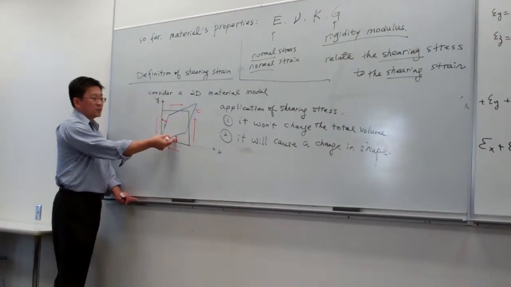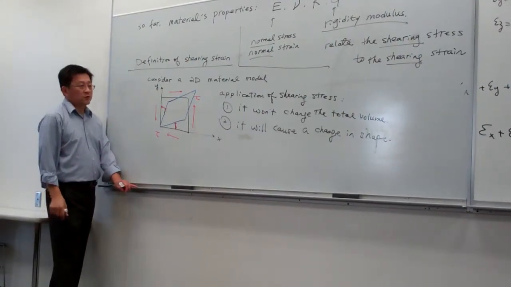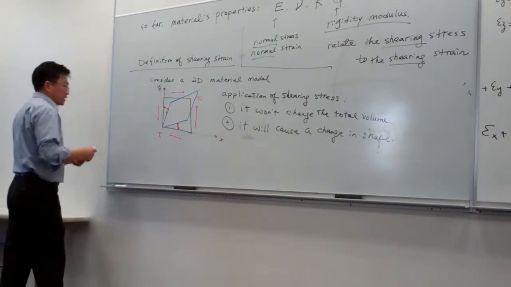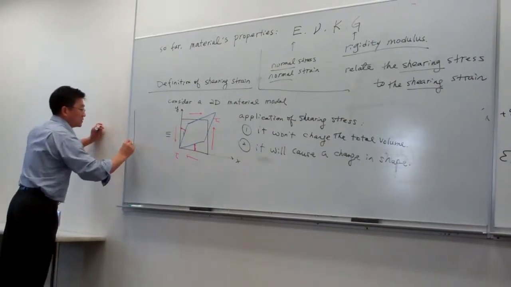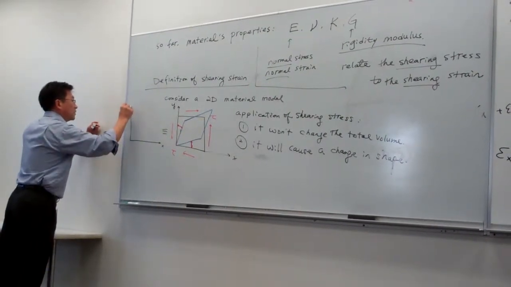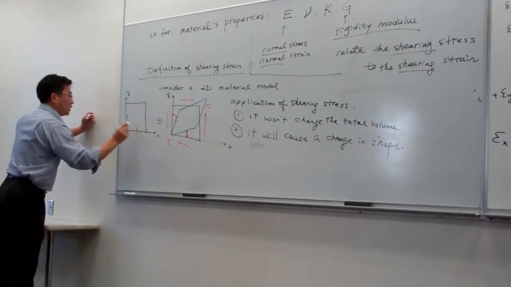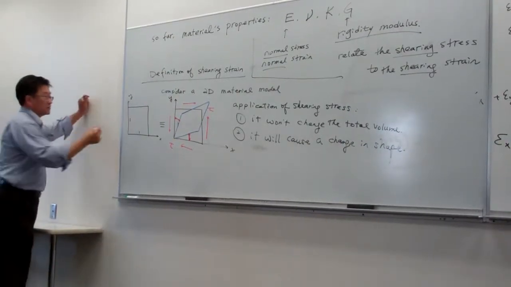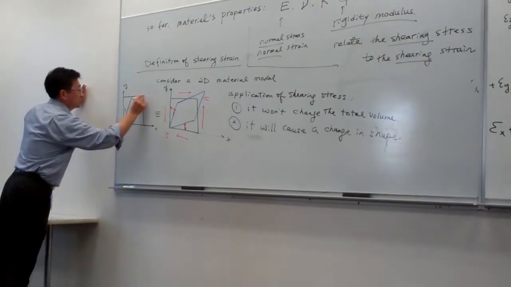We can use either this or this to represent how large the change of shape is. And this will be equivalent to this case, x and y. This is our original 1 and 1. And for illustration, sometimes the model can be simply equivalent to this.